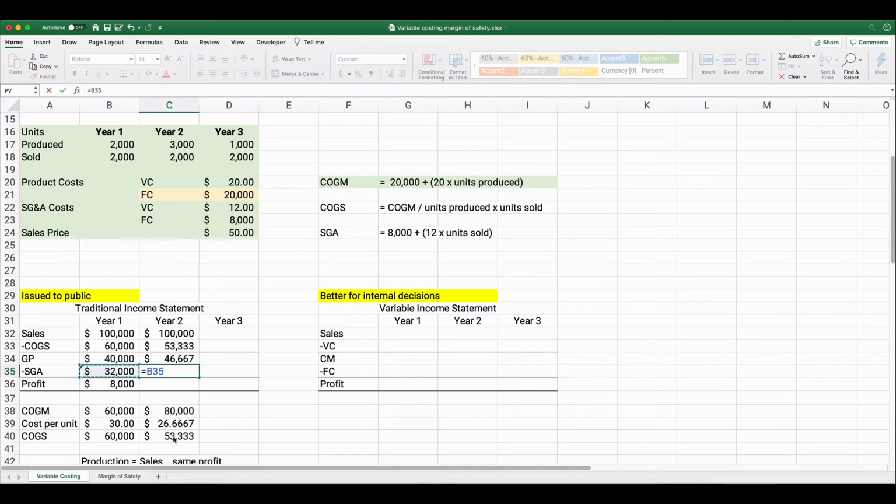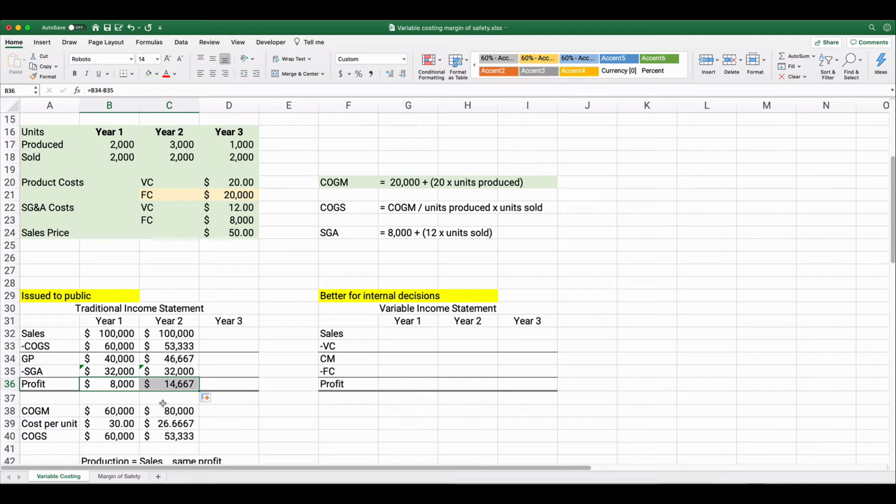Our SG&A expenses are 32,000. So if we subtract this out, 46 minus 32 gives us 14,667. Our profit went up. Why? Our profit went up because we produced more, not because we sold any more.